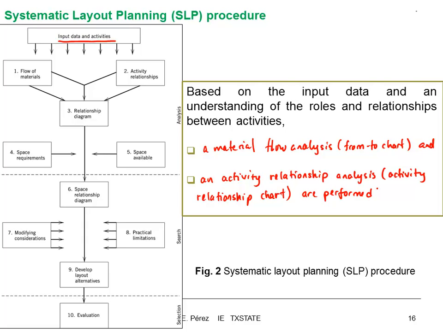So you get the input data from your facility and the activities, and then based on that information, you're going to generate a material flow analysis using a from-to chart, or an activity relationship analysis using an activity relationship chart. So these are these two blocks here.